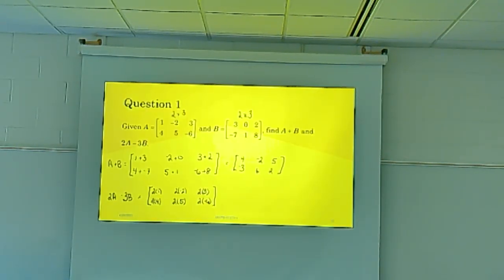I think what I'll do is this, just so I don't have to rewrite it. So theoretically speaking, this is not 2A minus 3B, it's 2A plus negative 3B. Arithmetically, it doesn't matter, but I will write this as plus and then multiply every entry in B by negative 3.